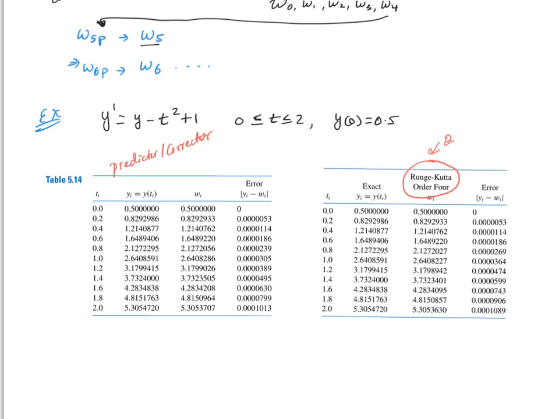Not much more accurate, but it's more accurate, as you can see from here. This is 1013, this is 1089, this is 799, this is 906. So therefore this does make a difference if you follow this predictor-corrector technique. And that's it for this one.